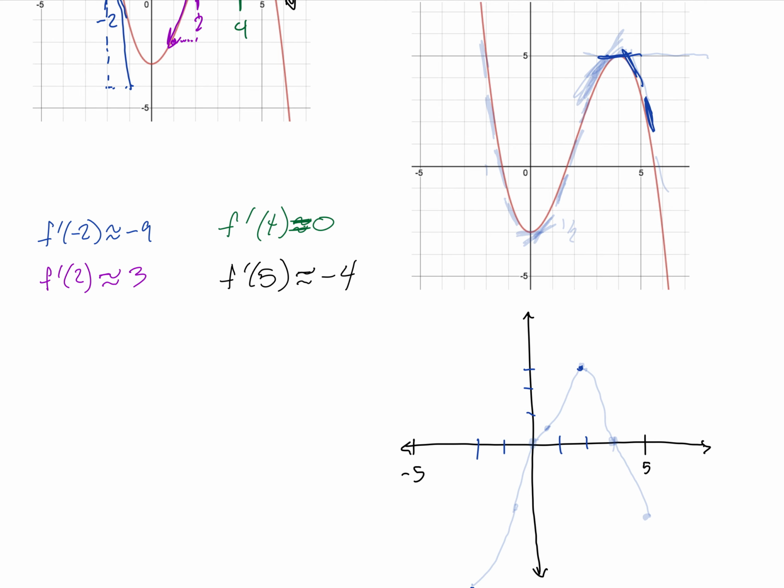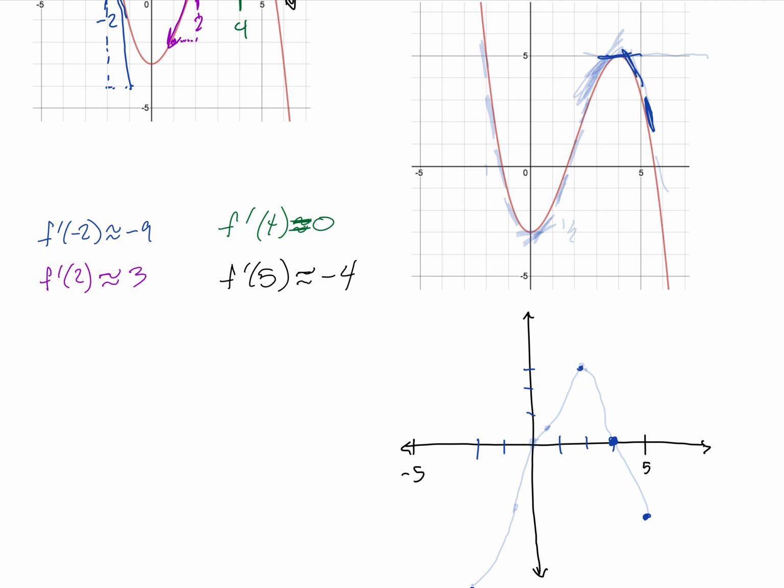And f prime of 4 was 0, and f prime of 5 was negative 4. This is just a sketch. It doesn't have to be absolutely perfect. We just want an idea of what the derivative is doing.